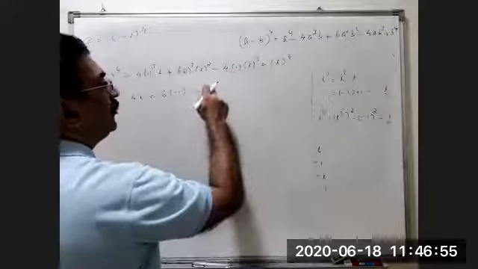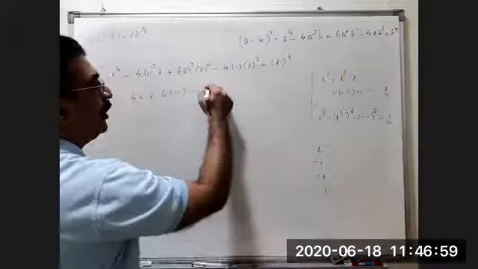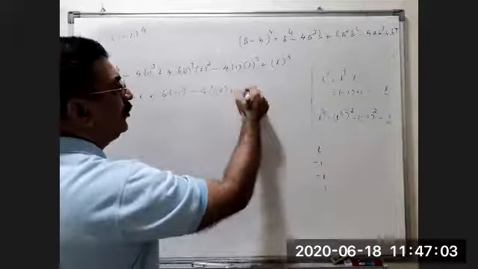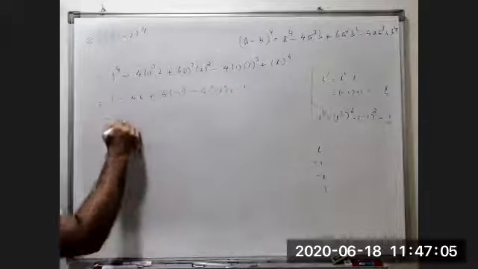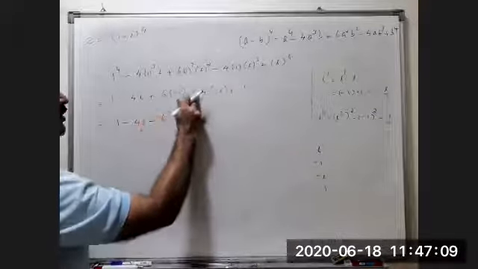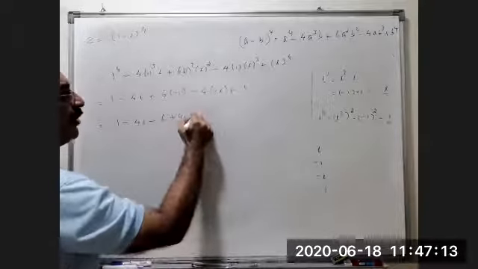So minus 4 into 1 into i cubed, we wrote it as minus i, plus i raised to 4 is 1. This is 1 minus 4i minus 6, minus into minus is plus 4i, plus 1.